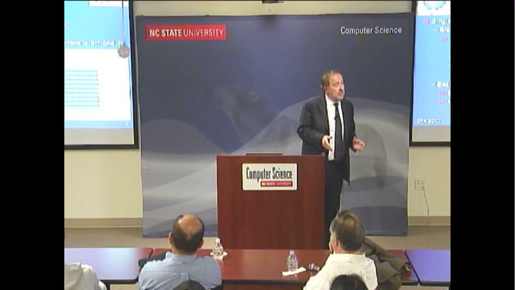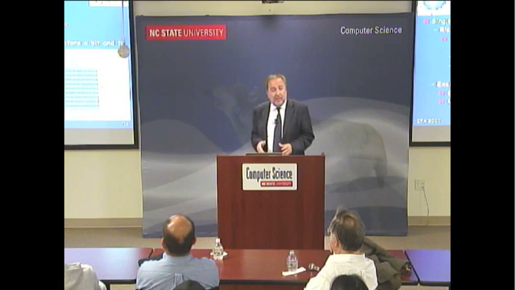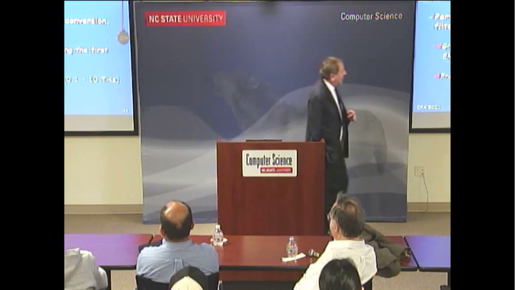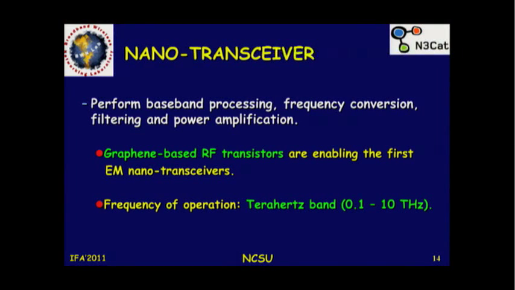For that, people are using devices with gold nanomemories or magnetic memories to achieve this objective. Now nanotransceivers are again under development. We want to do all of the things we know in classical communication: baseband processing, frequency conversion, filtering, etc. We can also use graphene to develop these nanotransceivers.